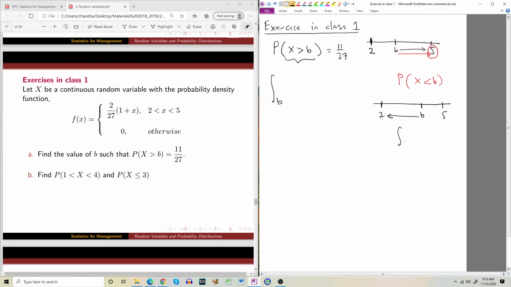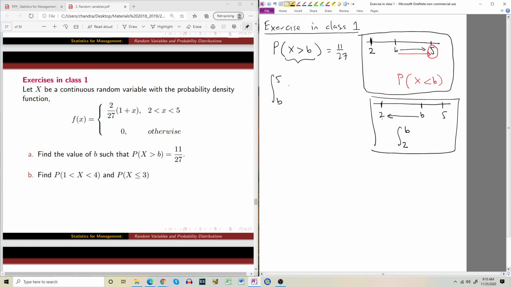So the integration must start from 2 to b. This is one case, of course, not our question. Our question is this one. If x is greater than b, what is the upper limit? Up to 5. So we integrate x from b to 5.